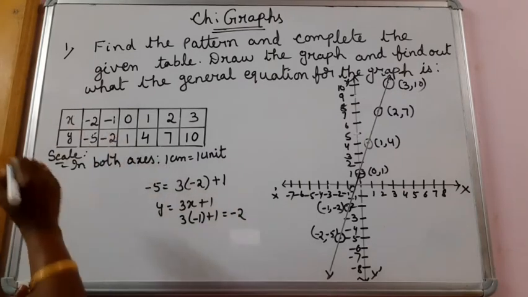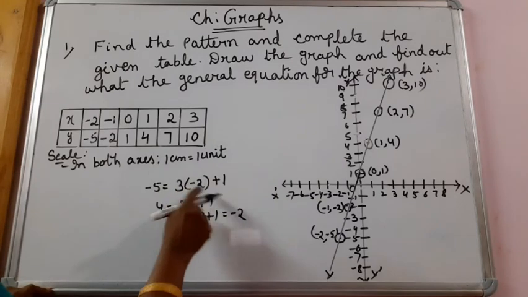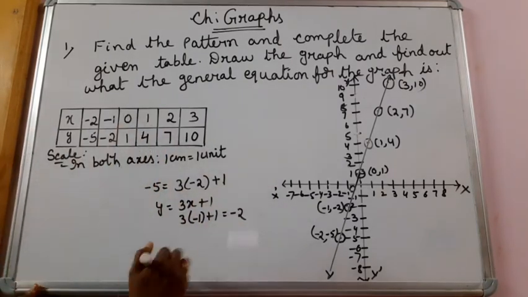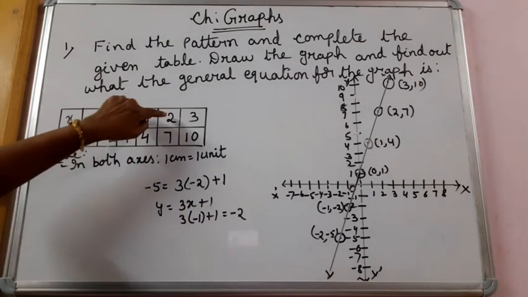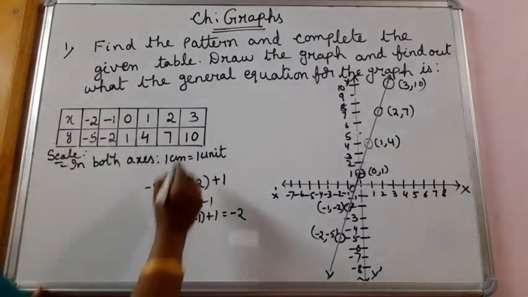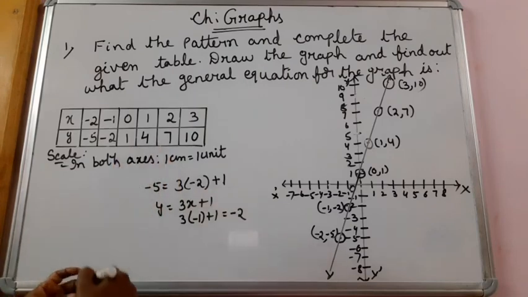Yes, y equal to -2. In the same way, x equal to 0: 3 times 0 is 0, plus 1 is 1, yes. For the fourth point, 3 times 1 is 3, plus 1 is 4, yes. Next point, 3 times 2 is 6, plus 1 is 7. Then if x is 3, 3 threes are 9, plus 1 is 10.